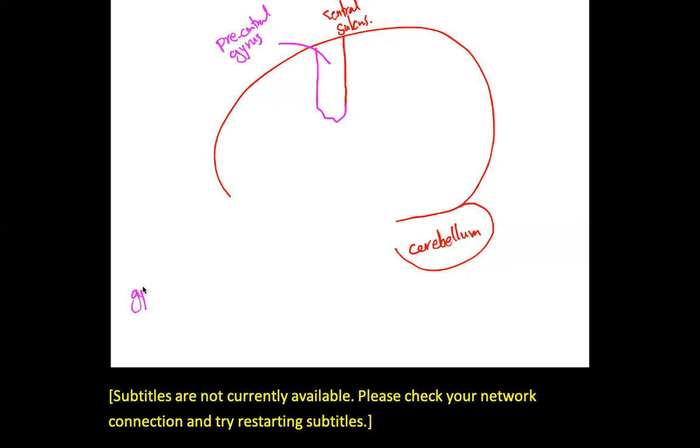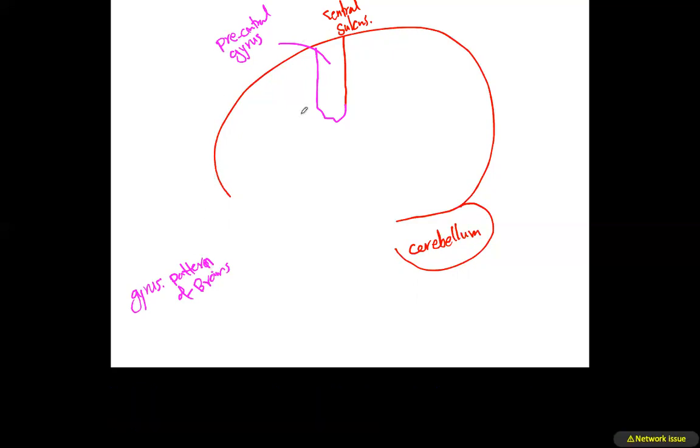Gyrus, if you wonder what the word implies, is basically the pattern or ridges on the brain. So all of those patterns that you can see on the brain, that's called the gyrus. So if it's immediately in front of the central sulcus, it's called the precentral gyrus, and it is associated with the frontal lobe.